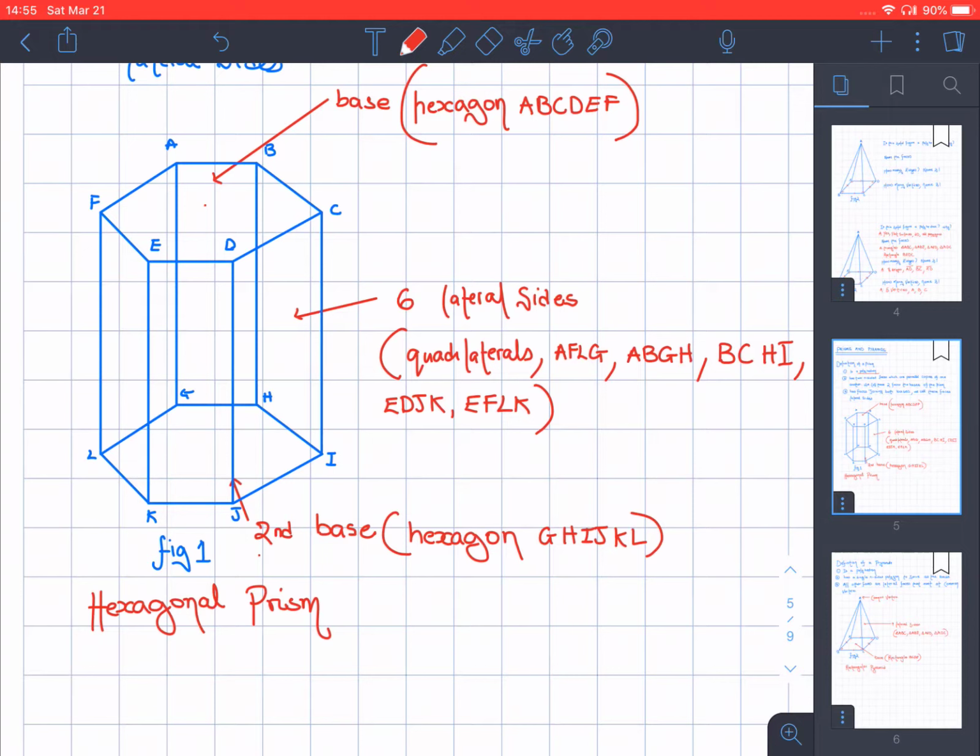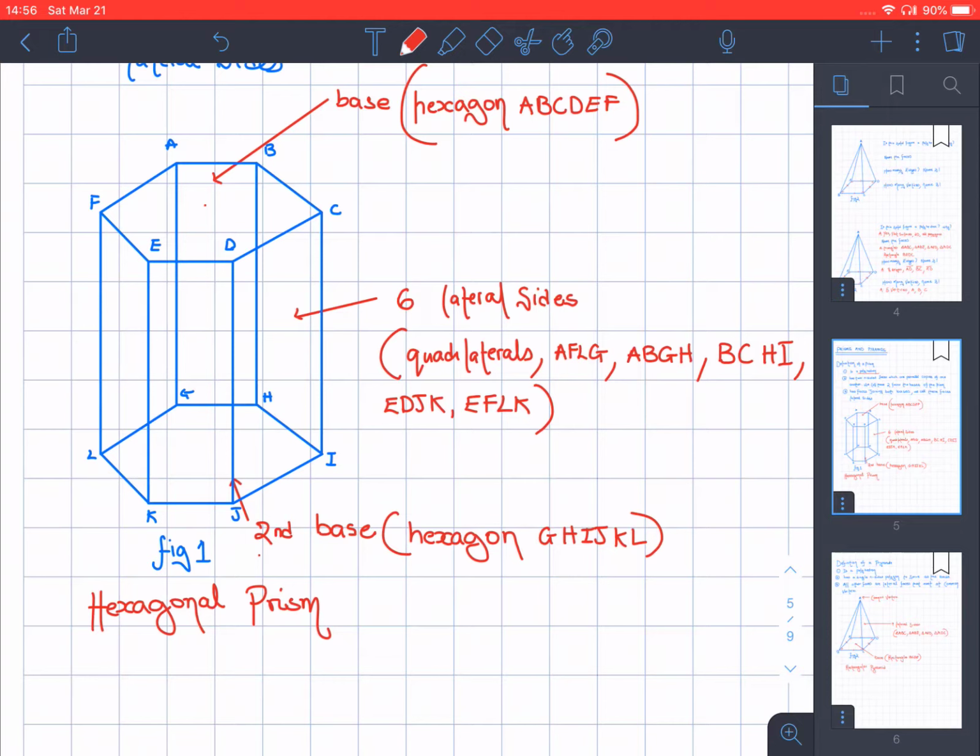And if you select those as your bases, every other side becomes a lateral side because you see they cleanly connect both bases. So our lateral sides are the six quadrilaterals AFLG, ABGH, BCHI, EDJK, EFLK, and that's it.